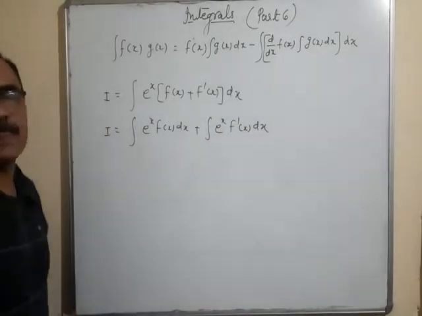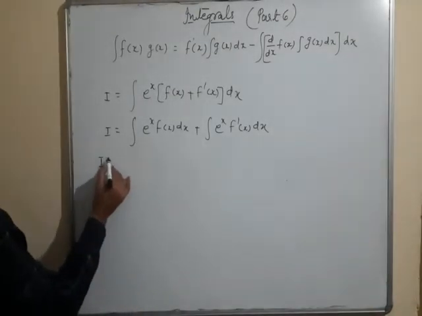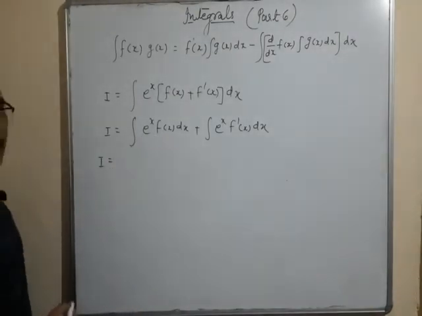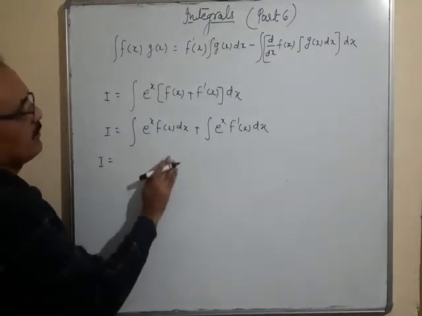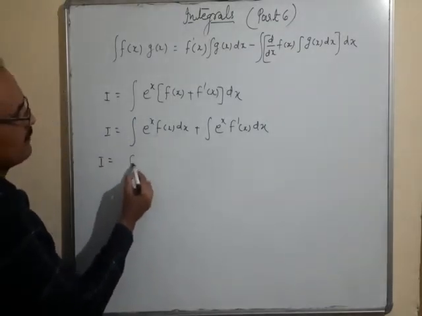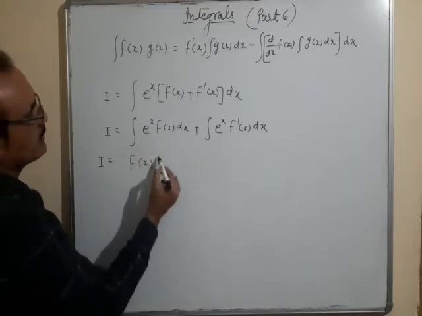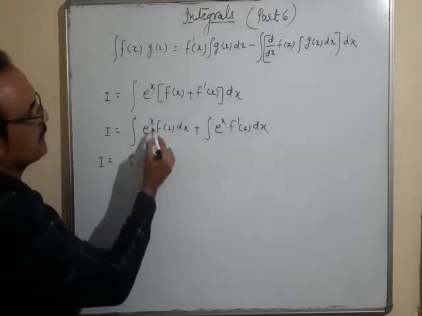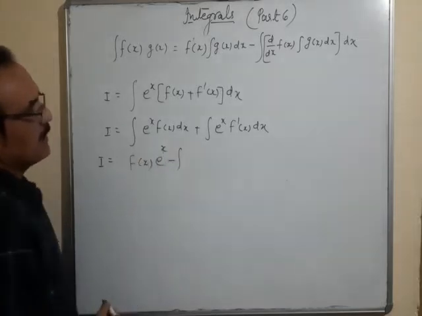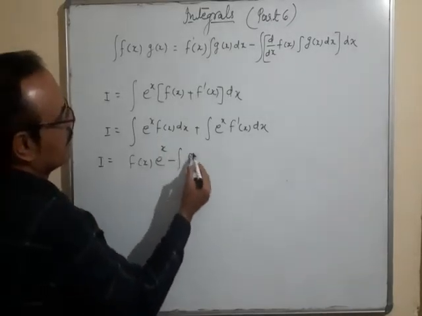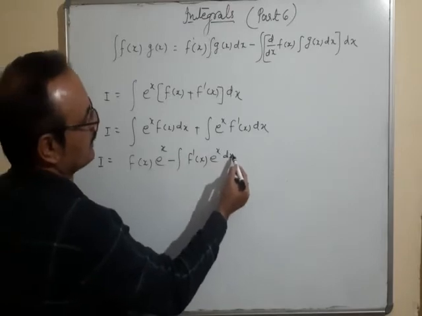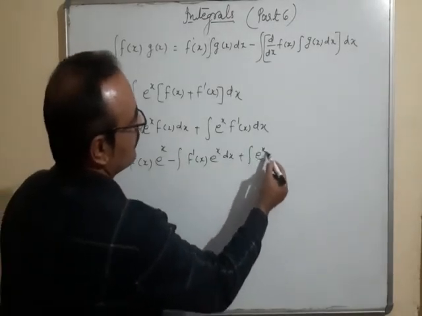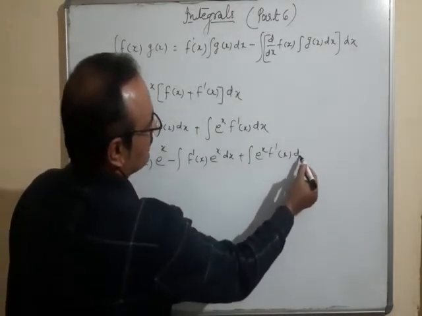Here we can use integration by parts. I is equal to first function f of x, integration of second function e to the power x, minus differentiation of first function f dash x, integration of second function e to the power x dx, plus integration of e to the power x f dash x dx.